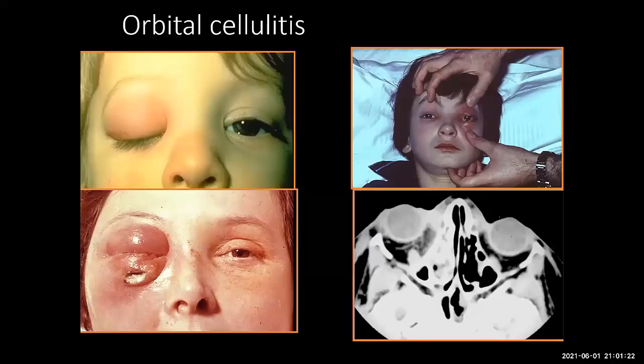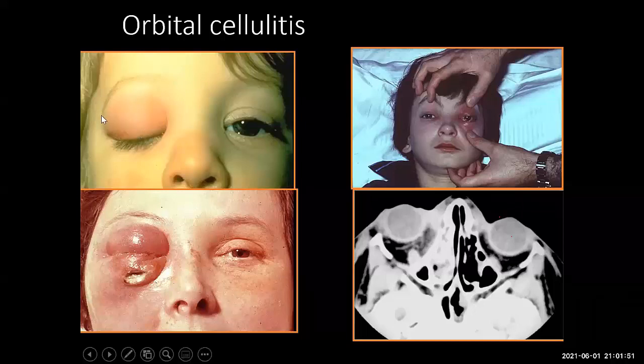Now, this is a case of severe orbital cellulitis. On the picture on your left-hand side, the upper picture shows preseptal or superficial cellulitis. If you want, you can force open the lid here, and if you carefully examine the eye, ocular movements won't be affected.